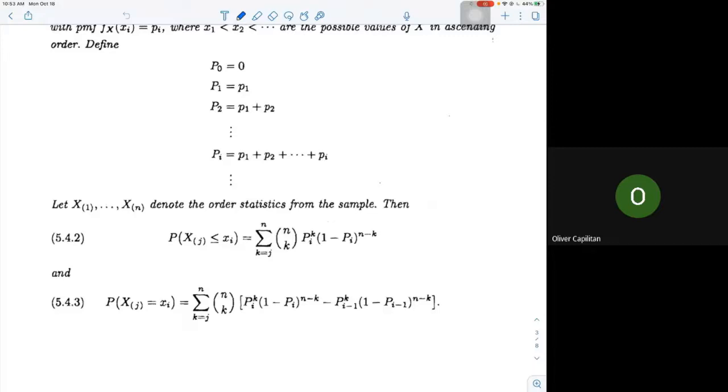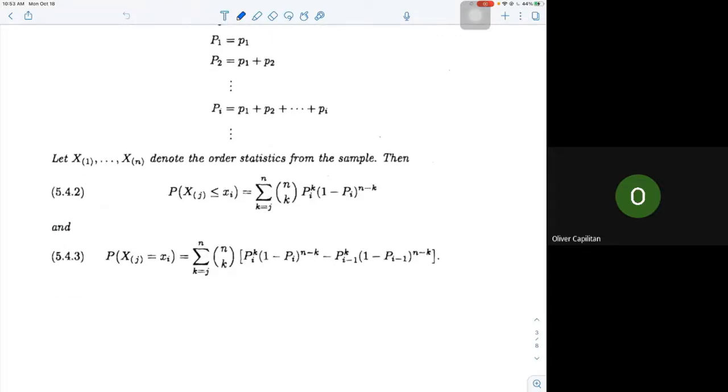And then for the specific value of our order statistic, x sub j, determining its probability, we'll have this summation.